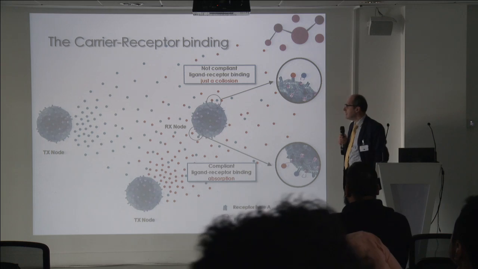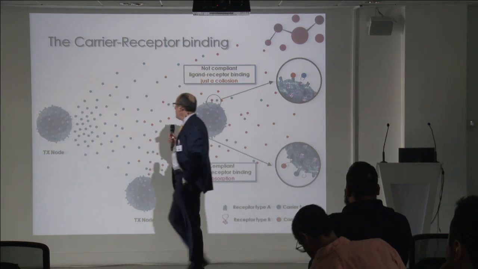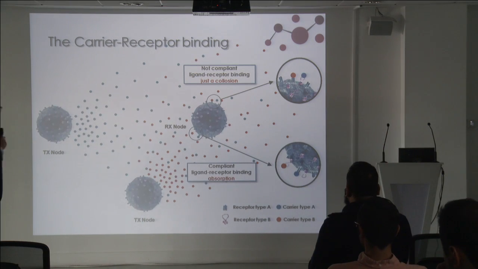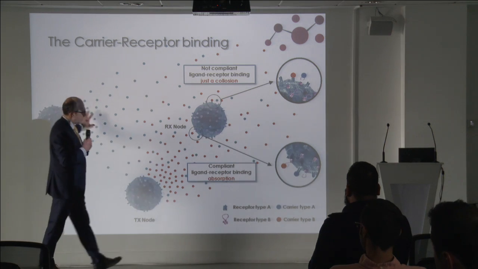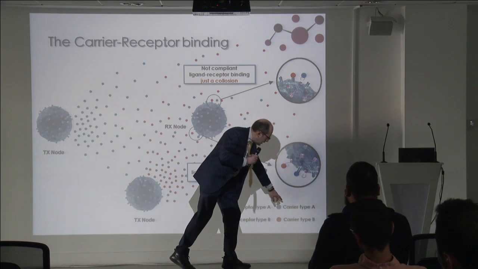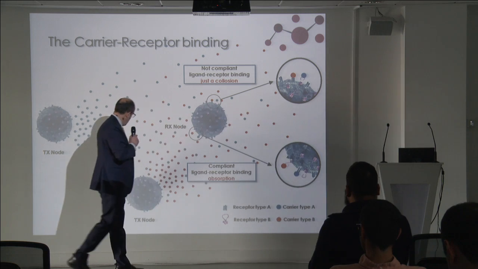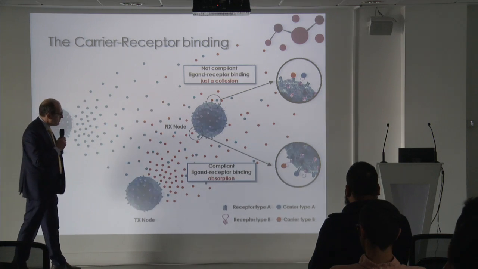Just an example. In this situation, we have two transmitting nodes and one receiving node. This transmitter transmits carriers of type A, and this node transmits a carrier.